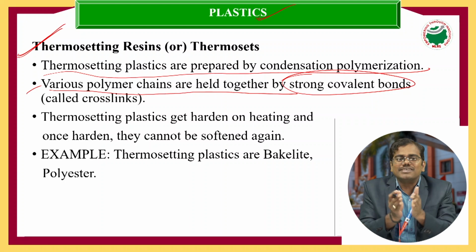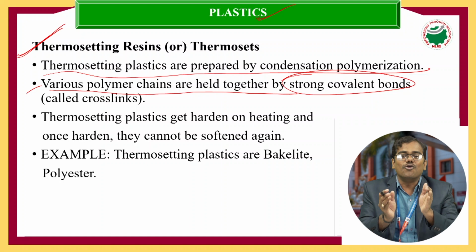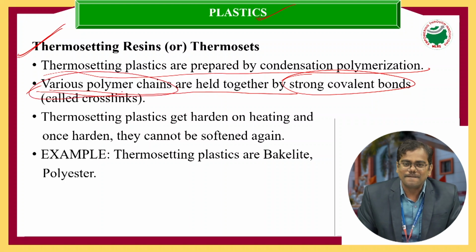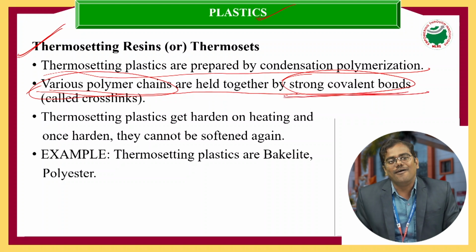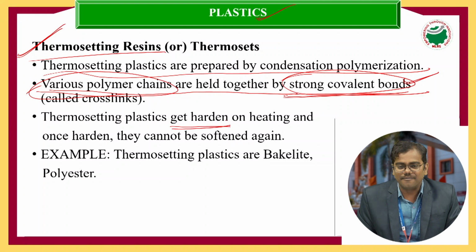These two monomers are held together by strong covalent bonds. So the various polymeric chains are held together by strong covalent bonds. Due to these strong covalent bonds, the thermosetting resins are very hard.